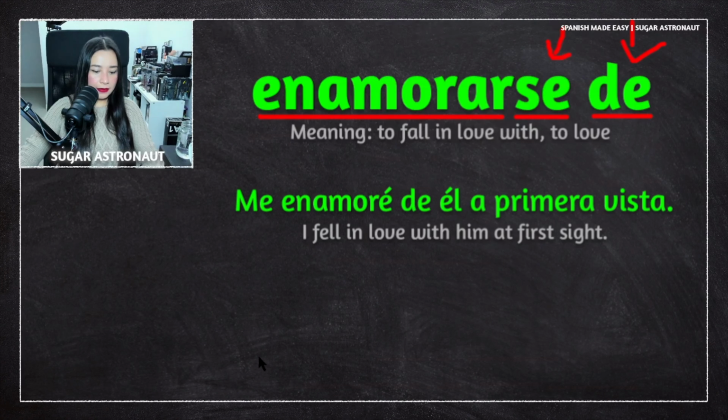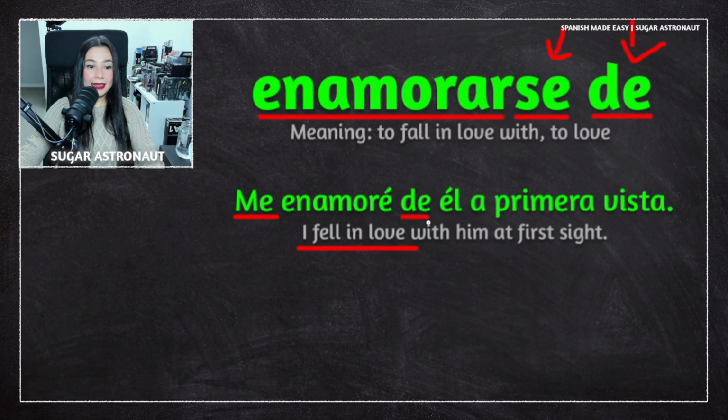Let's break this down. Let's see how this sentence works. Me, this is exactly what I told you about using reflexive pronouns. Me is a reflexive pronoun and technically you're saying yo me enamoré. That means I fell in love.